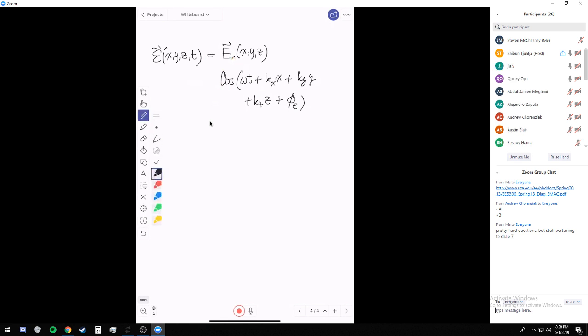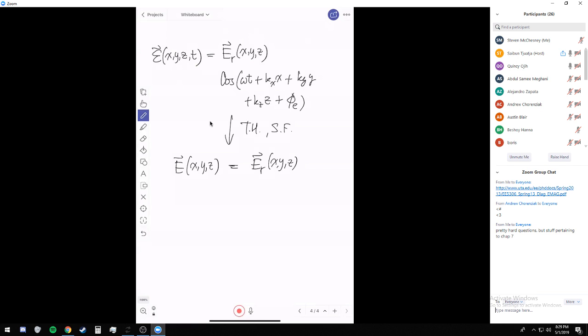Again, we assume source-free and stationary and so on, we can represent it using the complex form, which is a function of x, y, z only. This is complex, and it is equal to the real one, originally real, a function of x, y, z only, and then we have the e to the j phi_e.